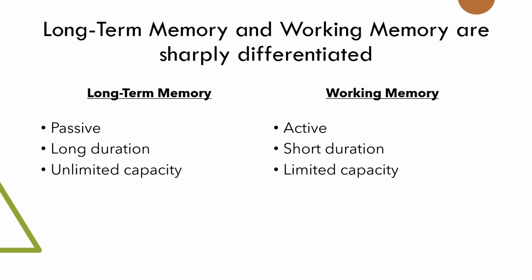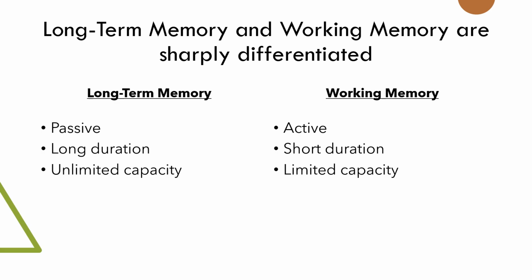Long-term memory and working memory are sharply differentiated, so we'll see what these differences are. Long-term memory is passive, whereas working memory is active. Passive means a repository of information, whereas working memory is a place where information is thought about. Long-term memory is of long duration, and working memory is of short duration.